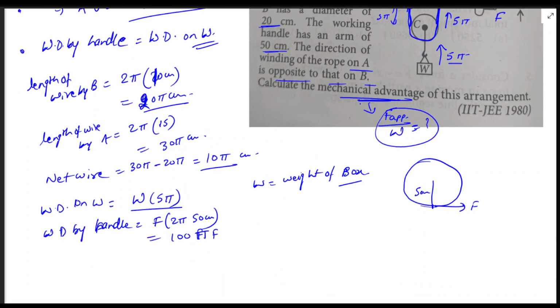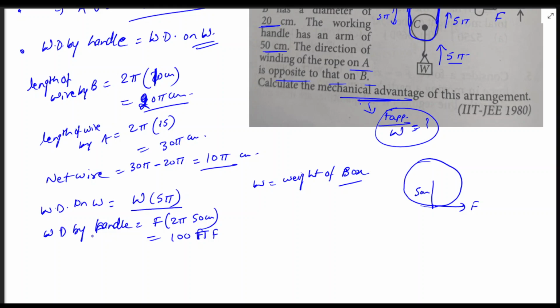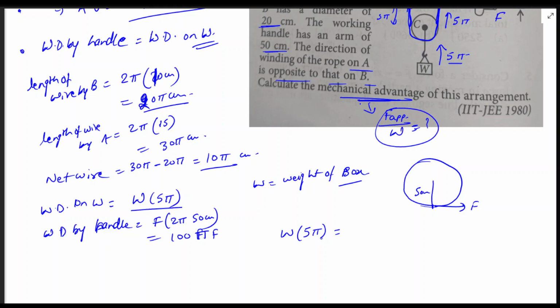Now let's find the mechanical advantage here. It will be the force applied. So look, the work done are equal. So work done on W will be W into 5 pi, and the work done by the handle will be 100 pi F, right? So pi will get cancelled. We will have 20.